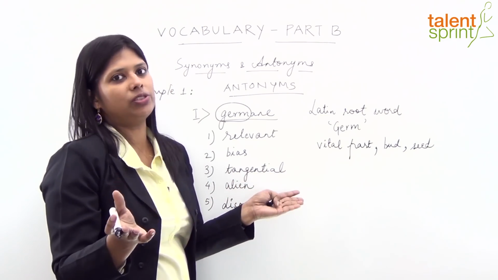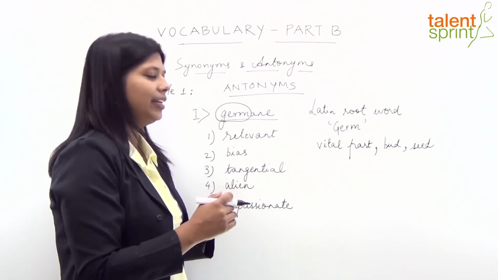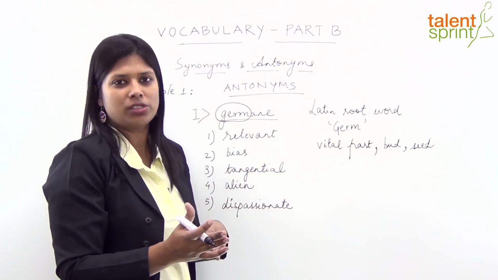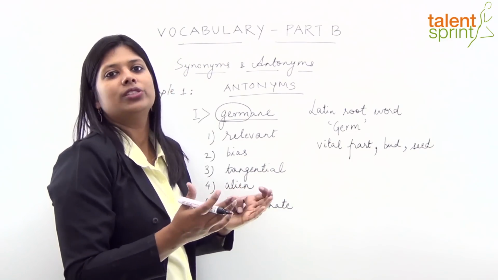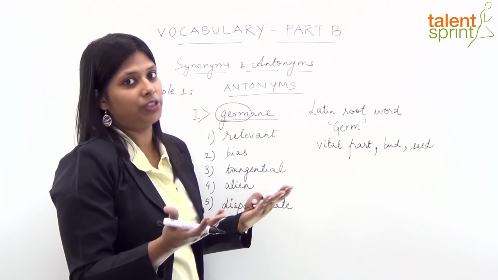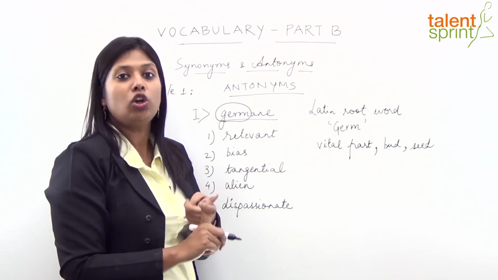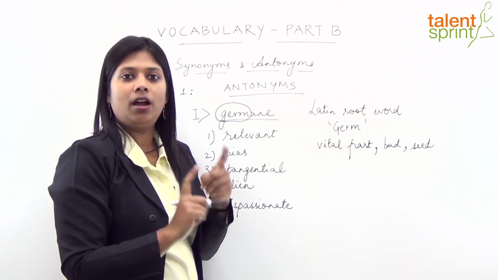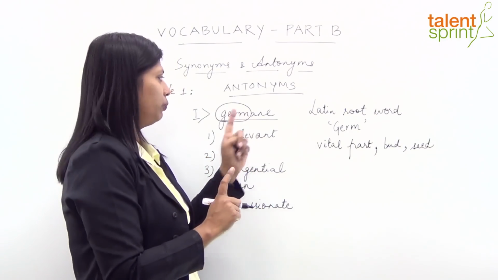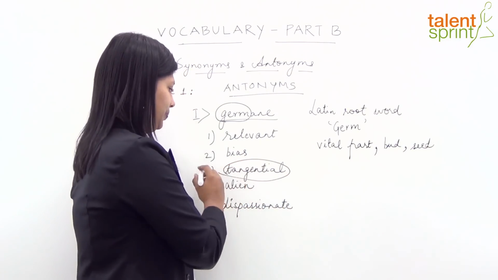Alien, something which is absolutely not related to this. And finally, dispassionate, which is not in context with the word at all. So someone who's not happy or passionate about anything. So here, if you look at the meaning, the word which is closest to the antonym of the word that's been asked, that is germane, is tangential.